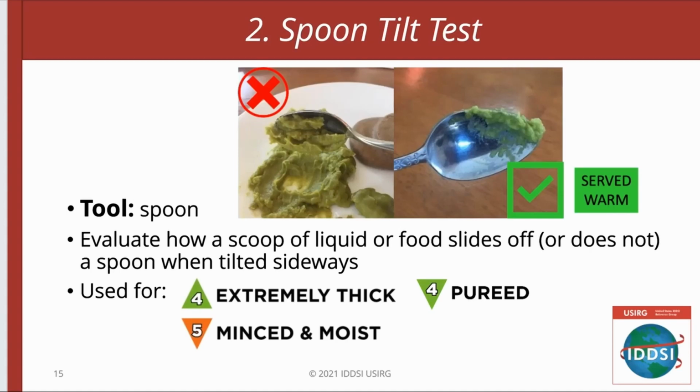Notice in this picture the pureed peas are sticking to the spoon. They become stickier when they are cooled down. Now notice in the picture on the right that the puree has passed the spoon tilt test, leaving very little left on the spoon. Purees may be smoother when they are served warm.